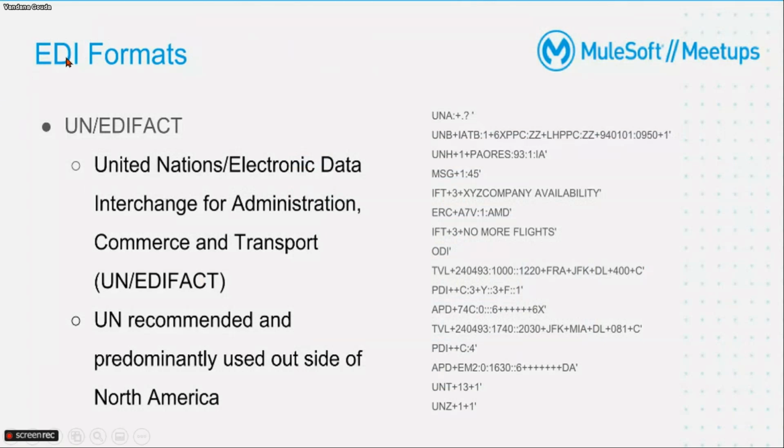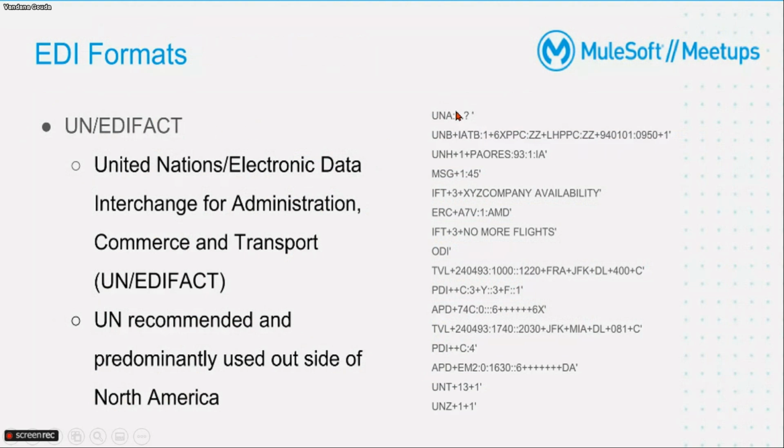The next EDI format is EDIFACT. EDIFACT is United Nations Electronic Data Interchange for Administration, Commerce and Transport. That is the full form. It is UN recommended and predominantly used outside of North America. So inside North America we use X12, and outside of North America we use EDIFACT.